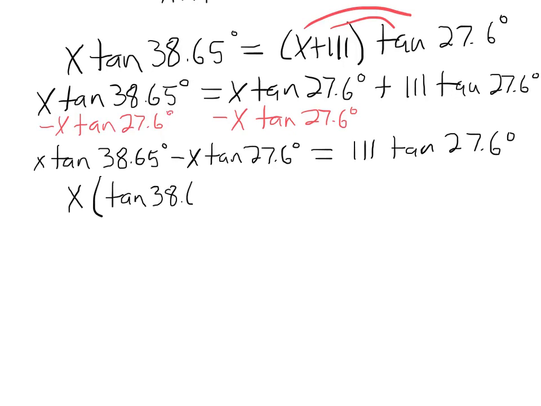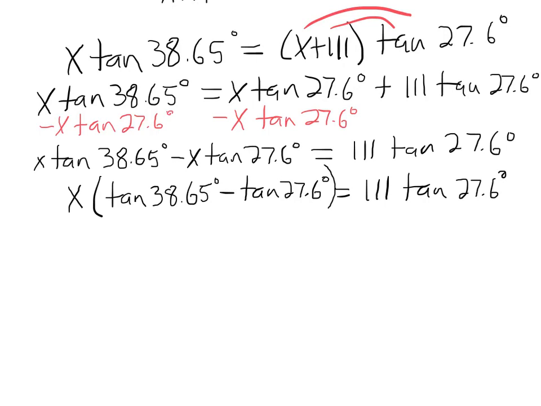So we have x times (tangent 38.65 degrees minus tangent 27.6 degrees) equals 111 tangent 27.6 degrees. I'll close my parenthesis. Good. Now at least we have one x to solve for. So now we have to divide by all of this stuff on both sides. I'm not going to write that down just because it's getting really long, but hopefully you can see from the answer what has happened.